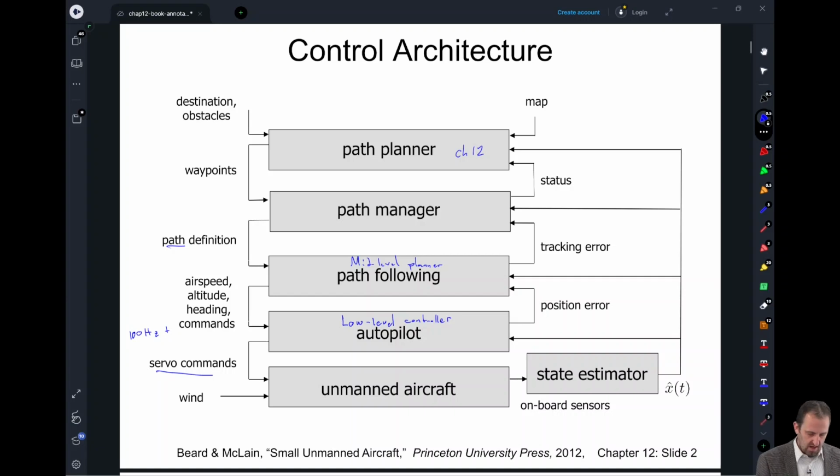And on top of that, we have the path manager, which takes in the series of waypoints and decides which path segment we're going to be following. But this mid-level planner or controller needs to be running fast enough that it's able to calculate the desired vector to be followed. And from that vector, we produce that airspeed, altitude, and heading commands.